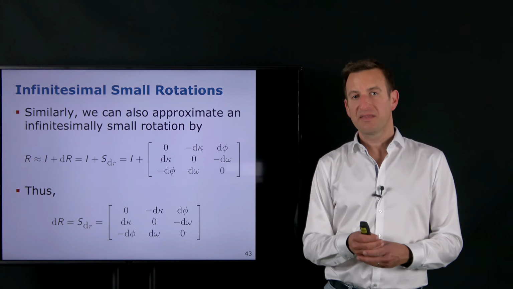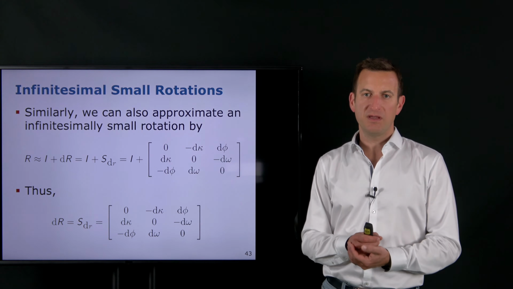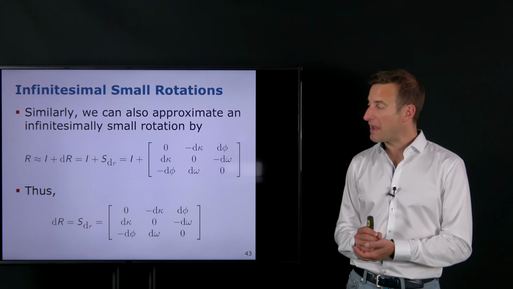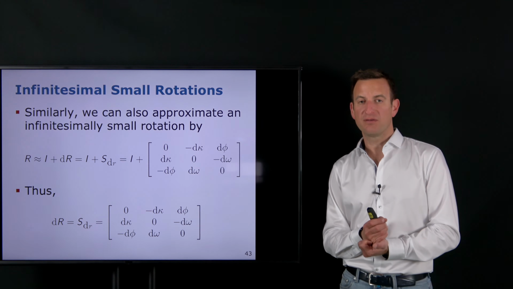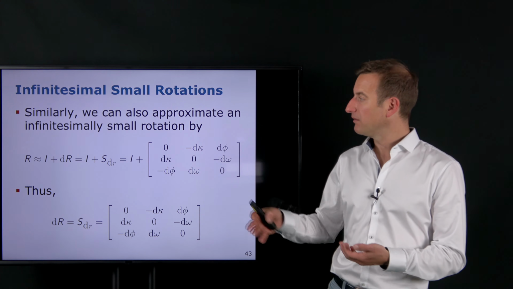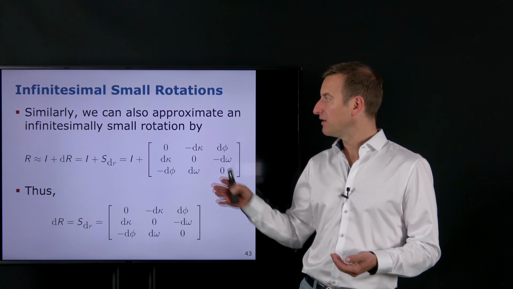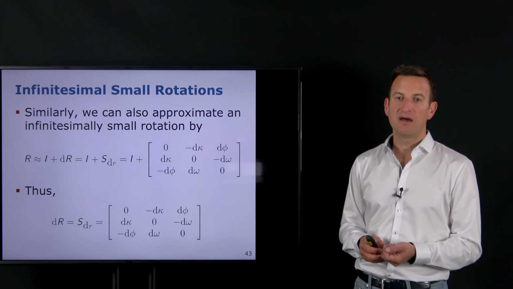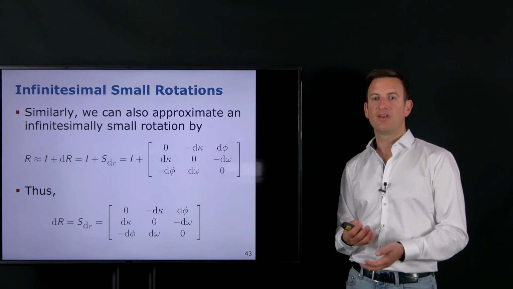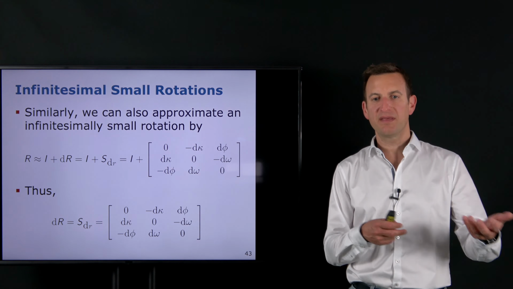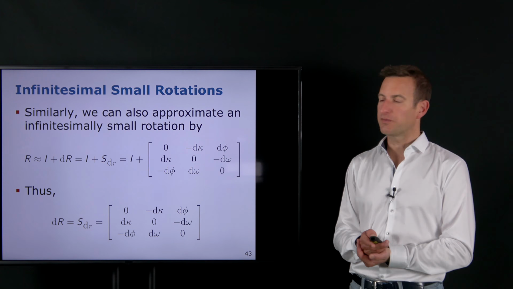Again, that's something that can become useful if we look into minimization problems where the parameters inside rotation matrices are involved. So if you want to have an error minimization problem where some of the parameters are orientations, this can become a handy approximation for a small rotation. And you can hopefully see the direct link between this and these skew-symmetric matrices.